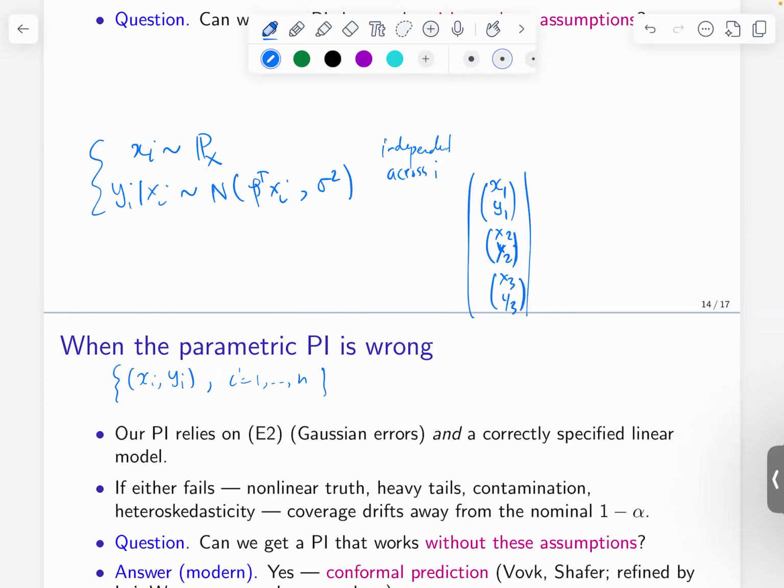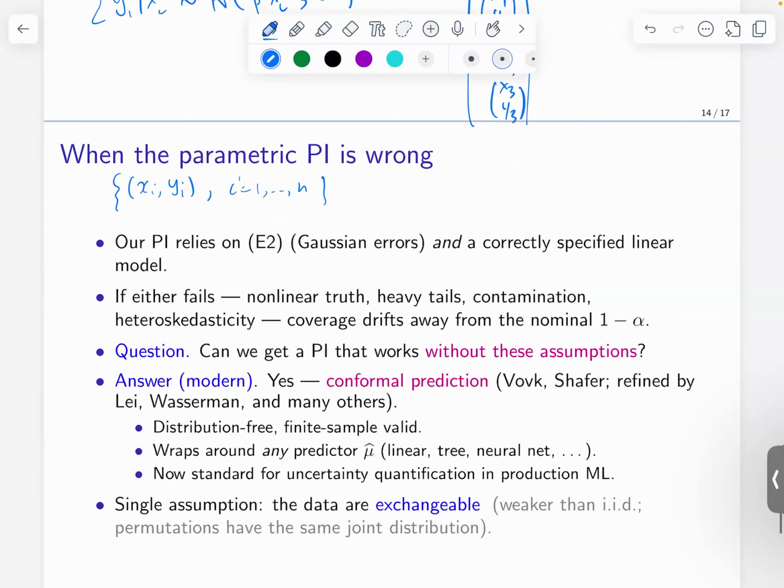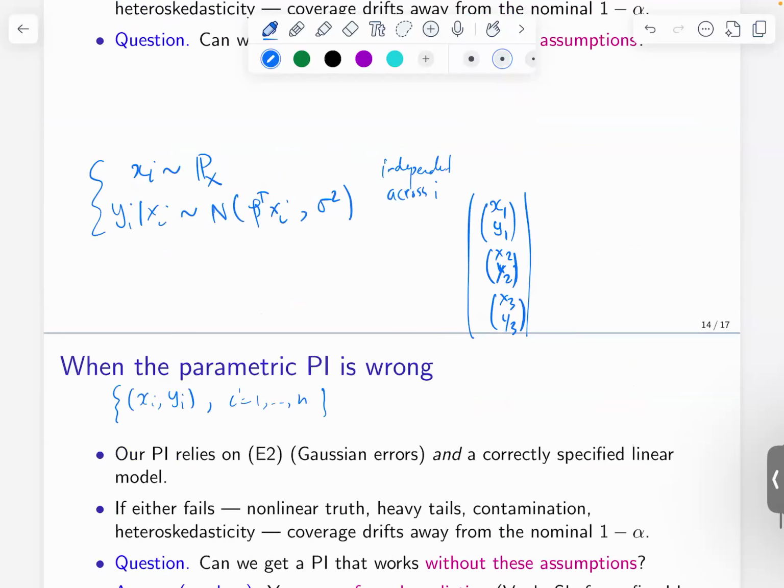And you can see we have been basically working conditional on the x's. The only assumption that this new framework requires is exchangeability. What it assumes is that if I stack these and reorder them, the distribution of this whole vector will be the same.